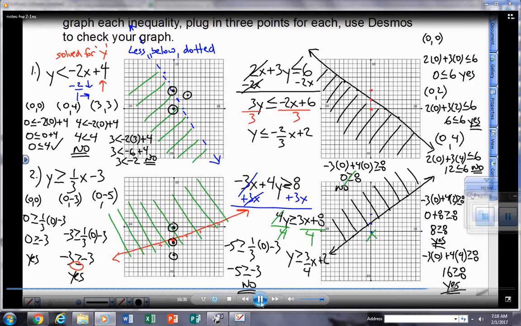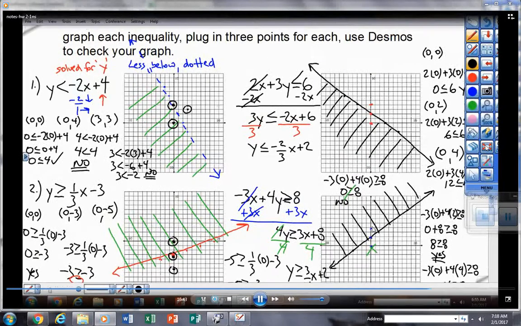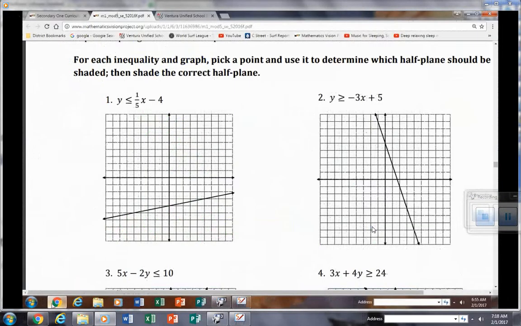Now what I'm going to do, I'm going to show you how to use the software Desmos to plug in these inequalities for you to start looking at these graphs. We're going to start to use this program a little bit more. So here we go. To show you Desmos, I am going to go to the internet.